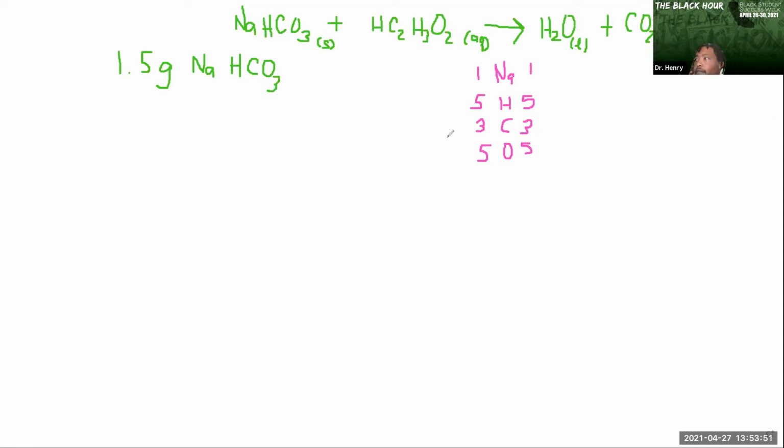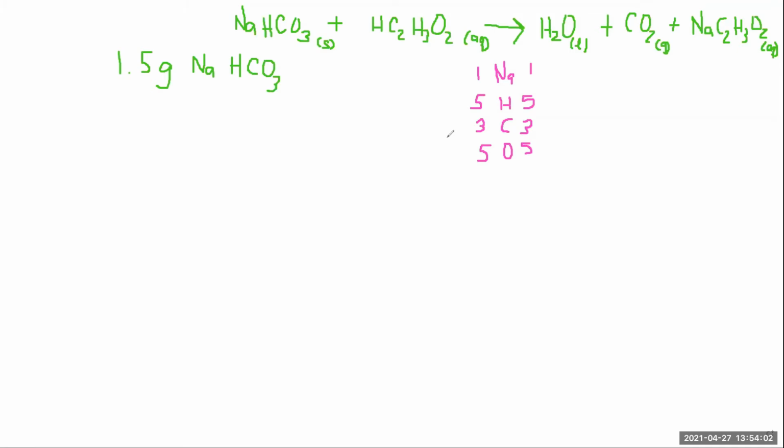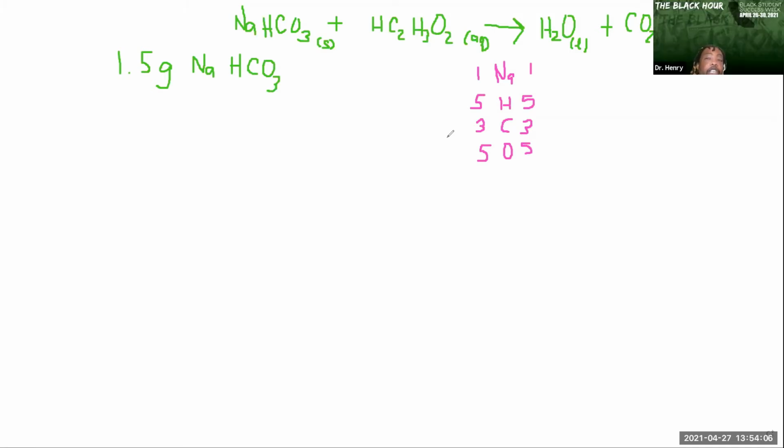Everybody's good there? Okay, so now, as Brittany was saying, this is kind of like what we were doing with the lab itself. What you were doing prior in terms of changing things into moles so that we can get a mole to mole ratio, this is what you're going to be doing in this case. So we got to erase this since we know that it's balanced.